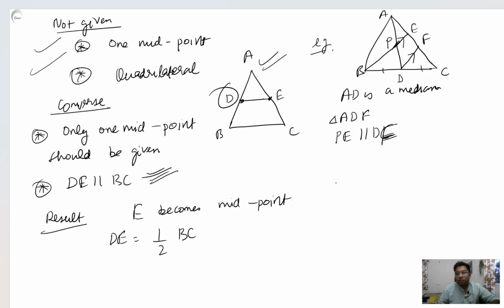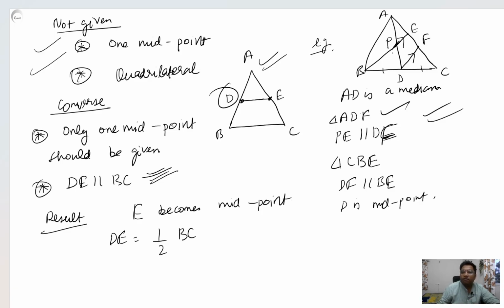Now, another triangle, triangle CBE. If you notice, DF is parallel to BE and D is the midpoint. But in this example, if I consider triangle ADF, I have one midpoint at P. If I consider triangle CBE, I have one midpoint at D. I don't have two midpoints.